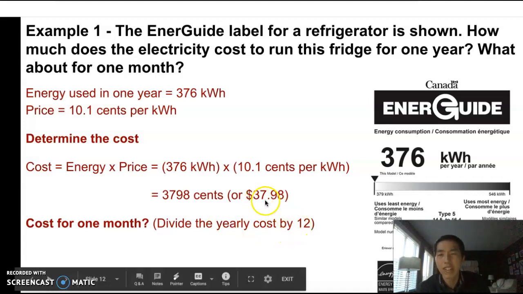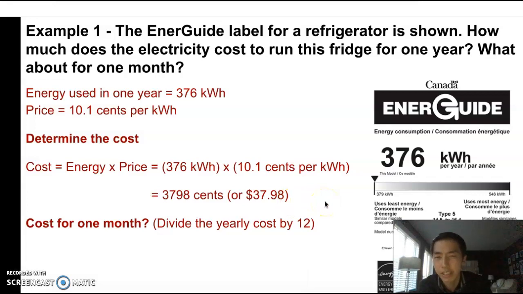So this $37.98, that's how much it is for a year. If I divide that by 12, then I get how much it is for 1 month. I put that in the calculator, and the answer is $3.16 per month to operate this fridge.